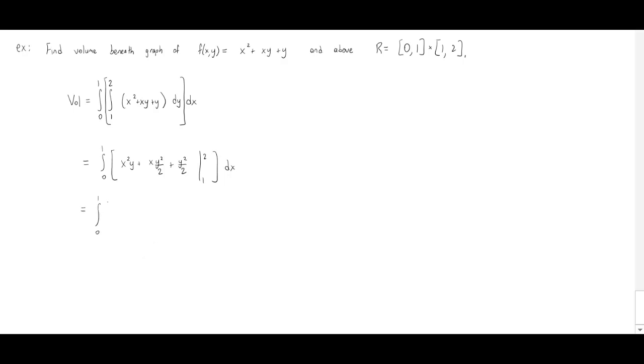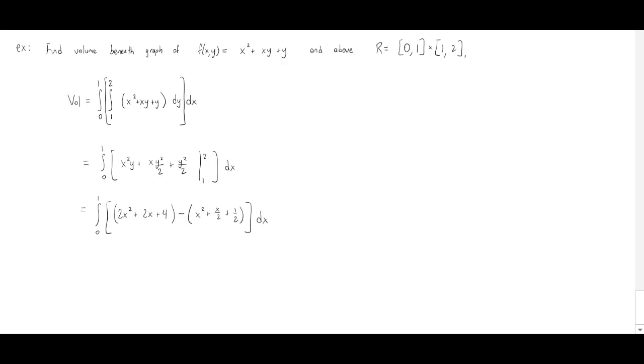So I'm going to plug in 2 for y, so it's 2x squared. This will now be plus 4 over 2, so 2x plus 4. Okay. And minus, and then I'm going to plug in 1 for y. So it's going to be x squared plus x over 2 plus 1 half. And then dx. Okay?